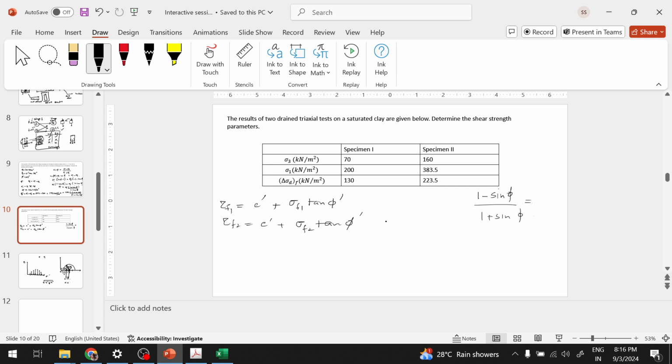Yeah, 1 plus sine phi over 1 minus sine phi is basically tan square 45 plus phi by 2.